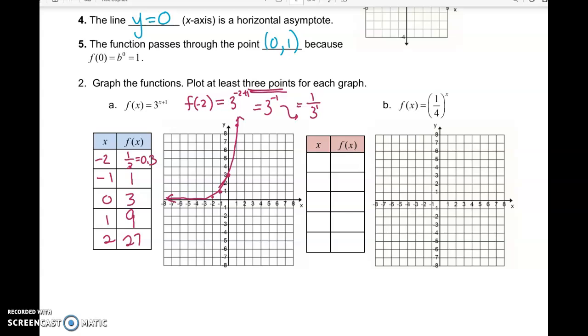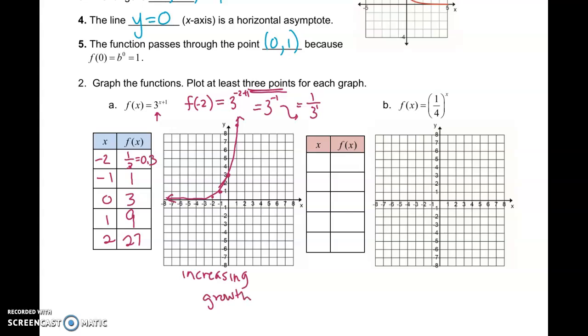Now, we notice here the difference. This has a base of 3, so it's going to be increasing, meaning it is exponential growth. The one to the right here, B, has a base that is between 0 and 1.